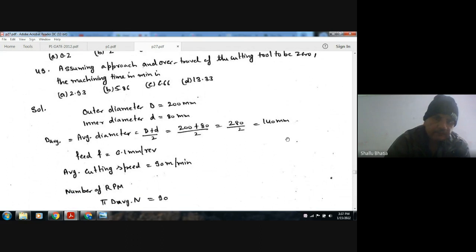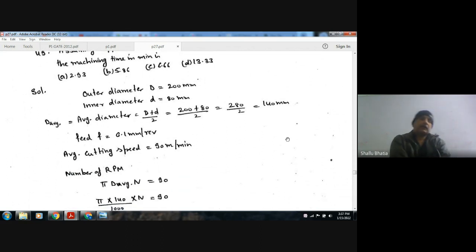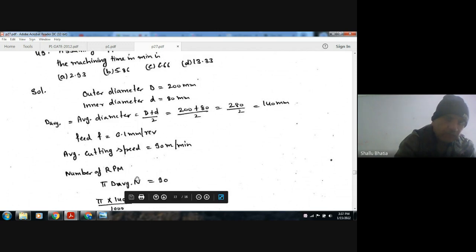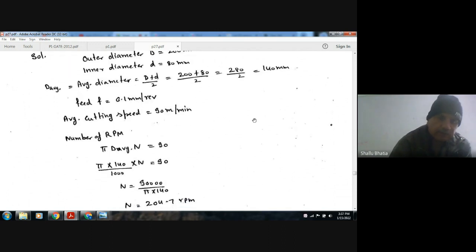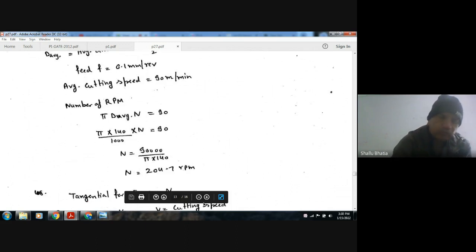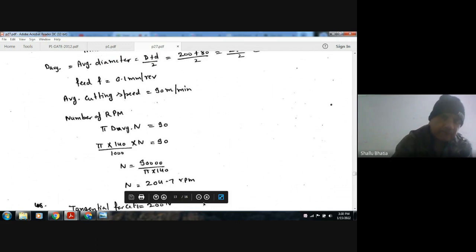Now we take the average cutting speed as 90 meters per minute. From the average cutting speed and average diameter we can find the RPM, which is about 204.7 or 205. And the feed is just 0.1 mm per revolution.